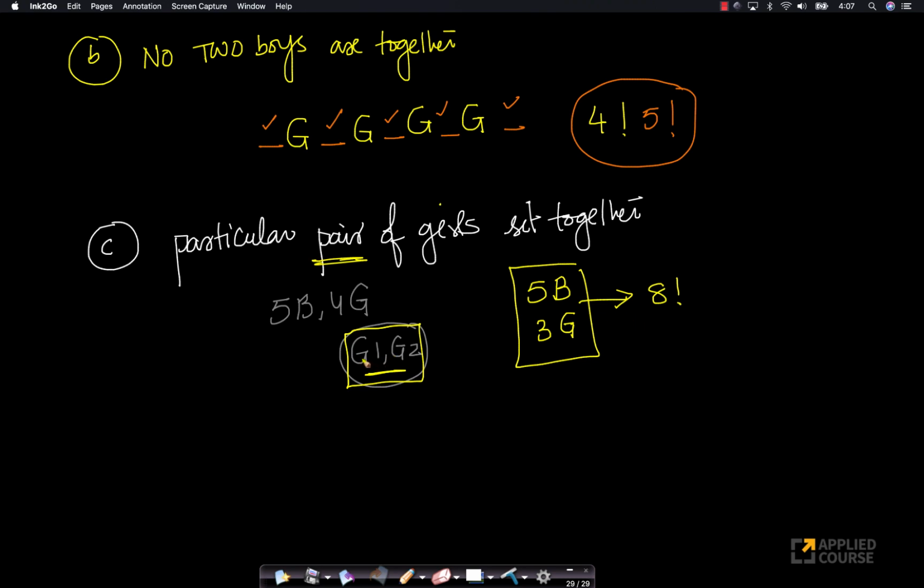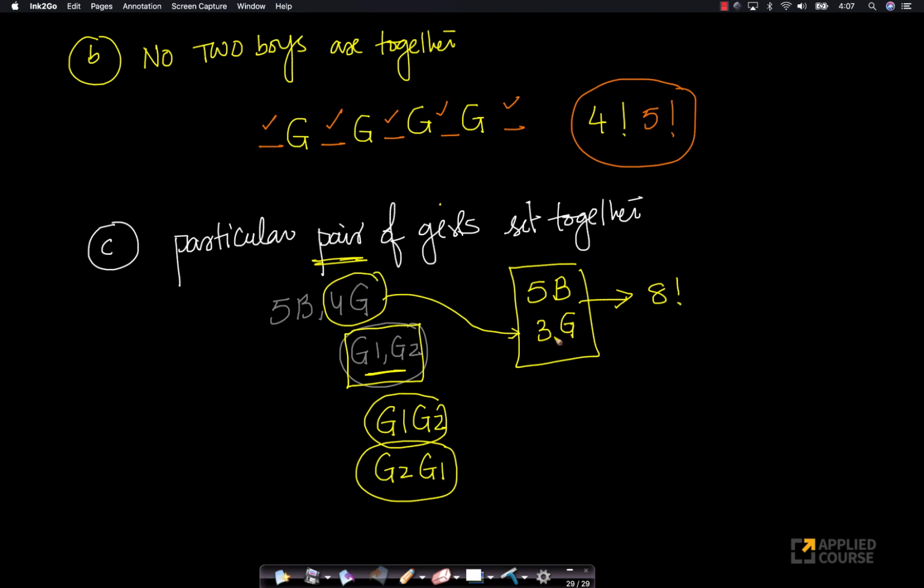But wherever I place this unit, I could place it as G1, G2, or I could also place them as G2, G1. There are 2 possibilities. That's why, instead of 4 girls, I have only 3 girls here, because 2 girls are individuals and 2 girls form one unit.